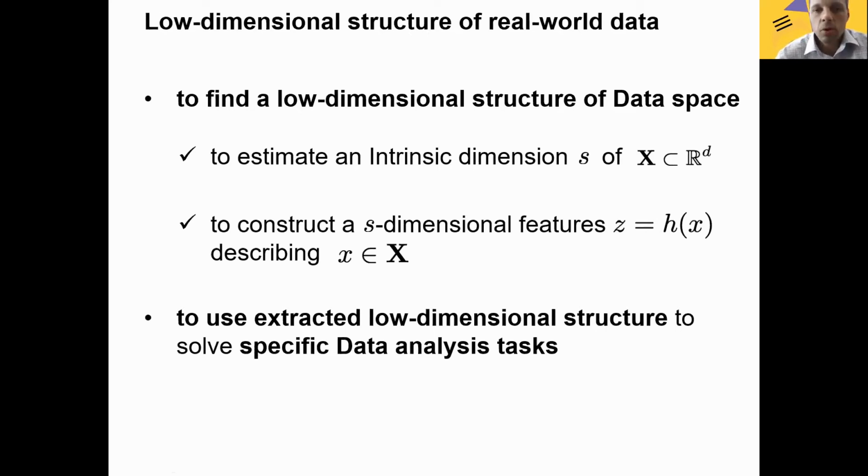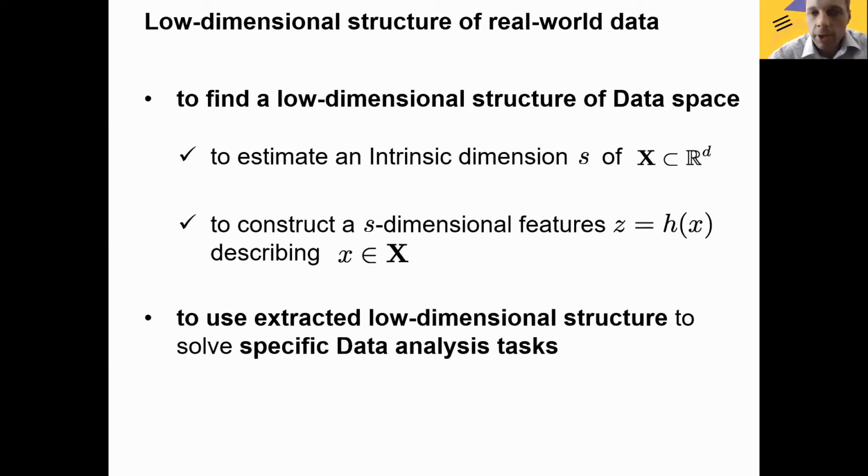And if we succeed to solve this problem efficiently, then we can use this extracted low-dimensional structure to solve specific data analysis tasks. Because actually, it follows from the results of Khasminsky, Ibragimov, and Stone that if the data set is too high dimensional, then formally it's not possible to construct regression, to perform classification or kernel density estimation.